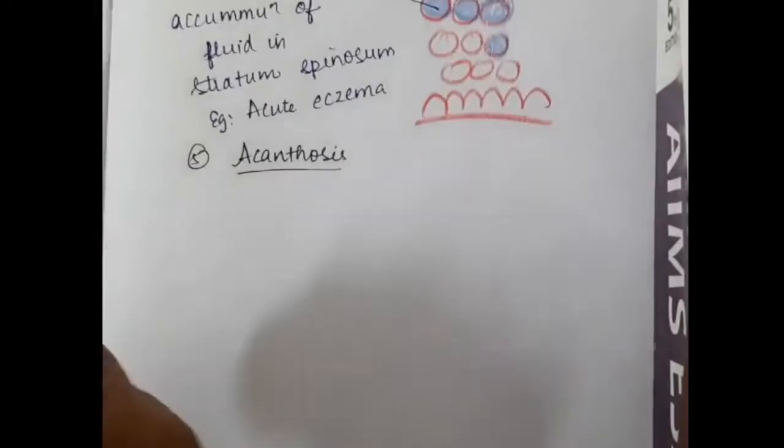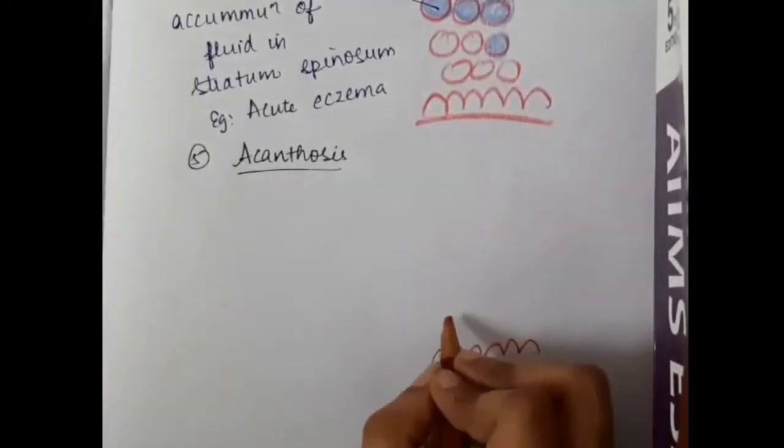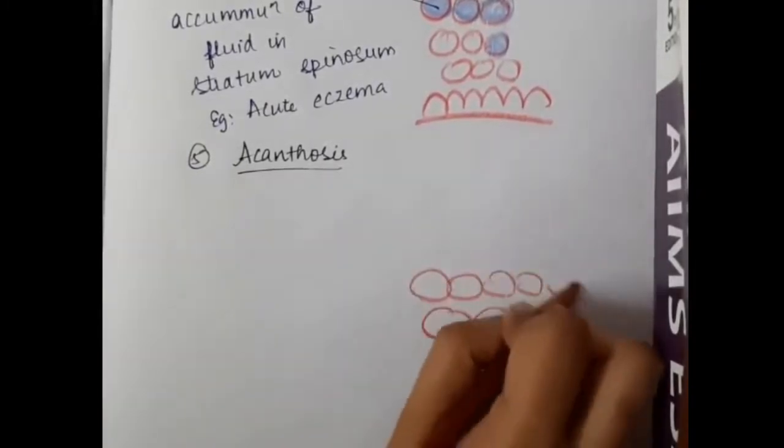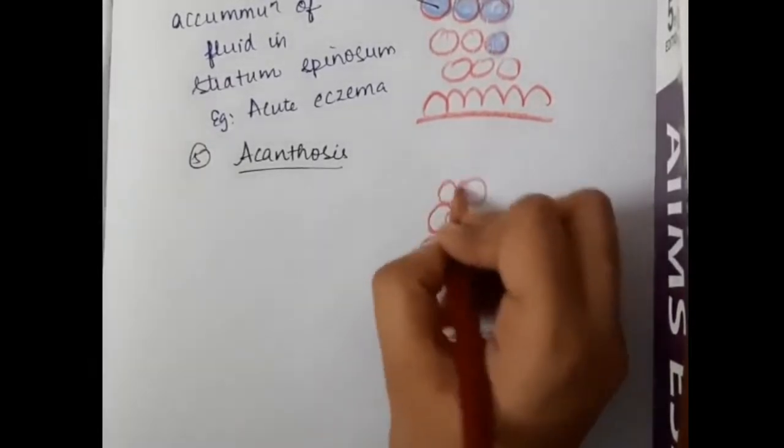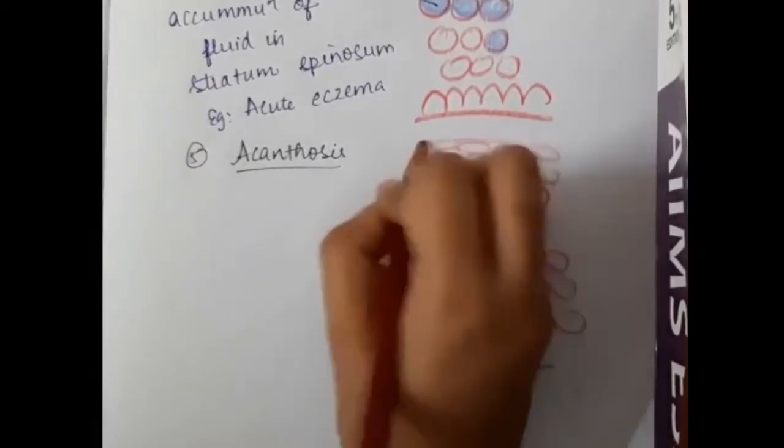Then we have the fifth, which is acanthosis. Acanthosis is thickening of the stratum spinosum. Now the stratum spinosum is very big, very thickened.